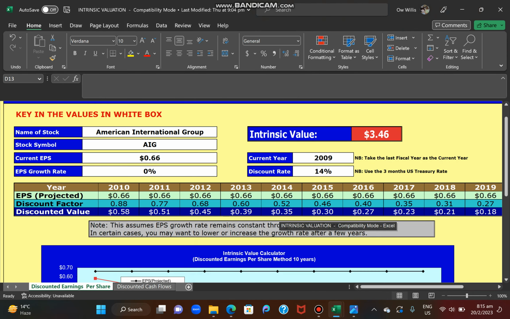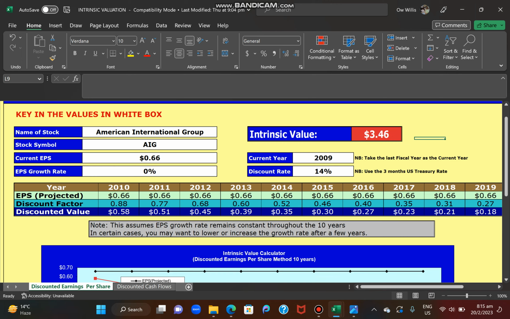Once we know these two numbers, we can input them into our calculation of present value discounting. We input our earning per share of 66 cents and apply a discount rate of 13.85%, and we get a valuation of 3.46 RMB.